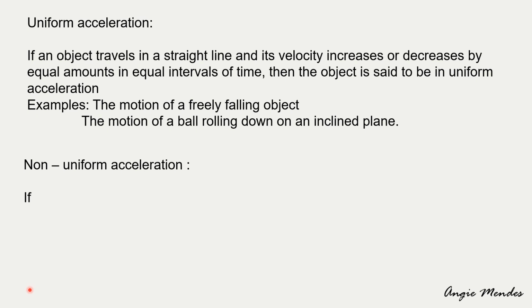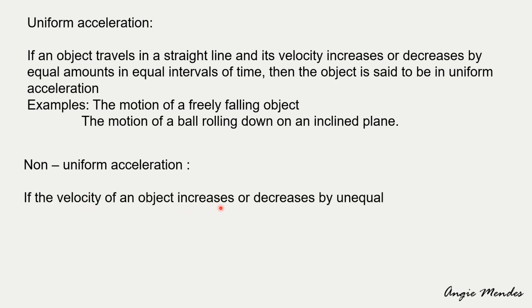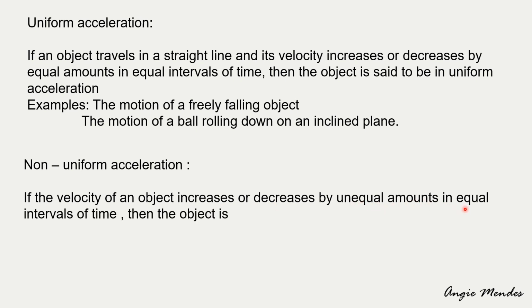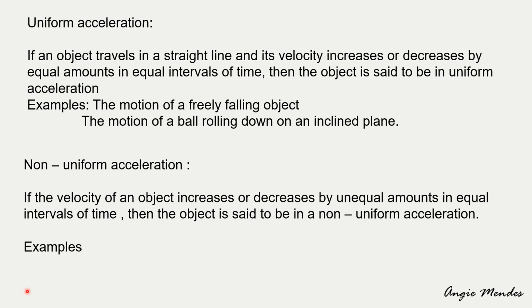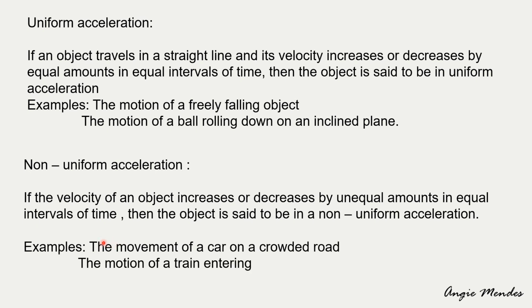So what is non-uniform acceleration? If the velocity of an object increases or decreases by unequal amounts in equal intervals of time, then the object is said to be in non-uniform acceleration. Examples are the movement of a car on a crowded road or the motion of a train entering or leaving the platform.